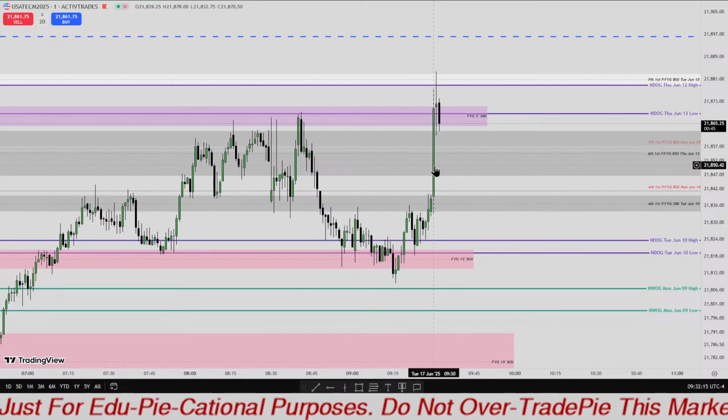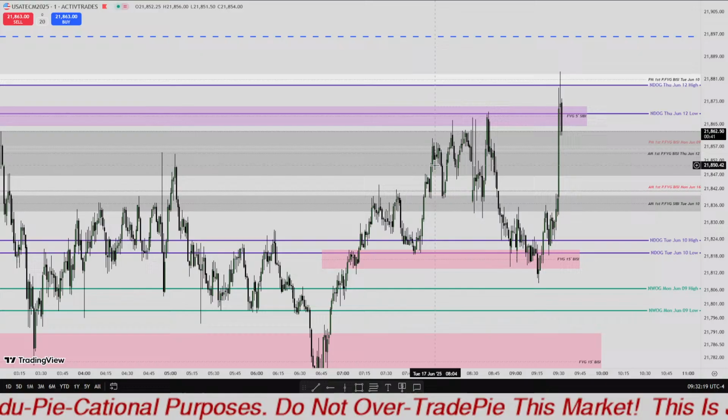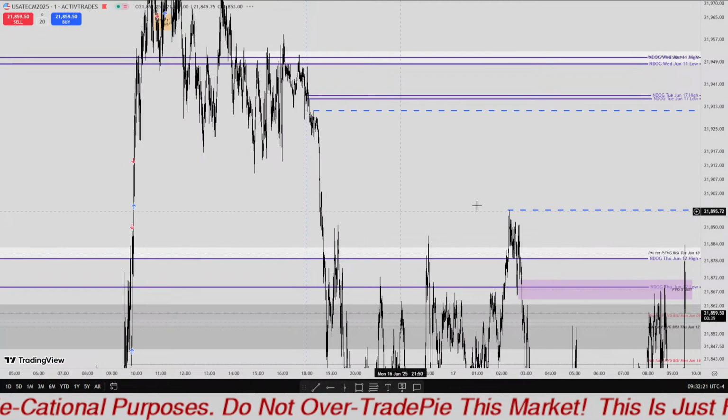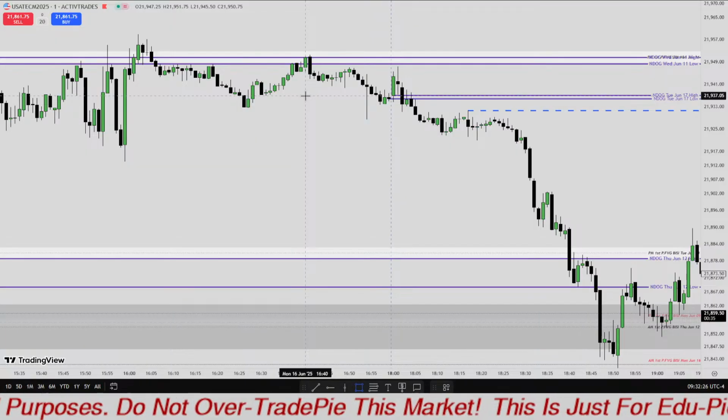Okay, so far we don't have any first presented fair value gap formed, and I'd like to only show the open range gap.